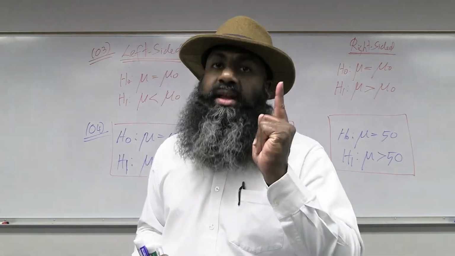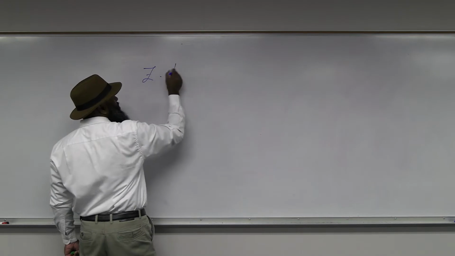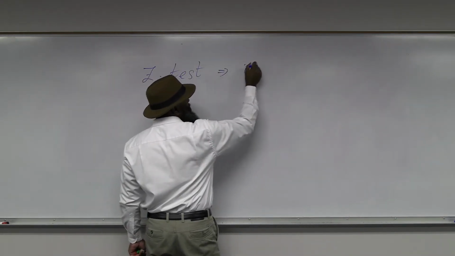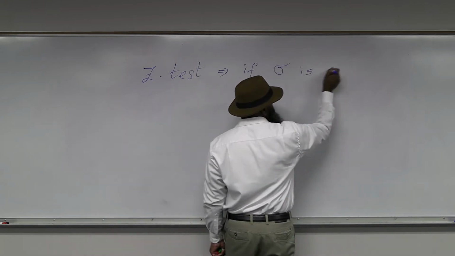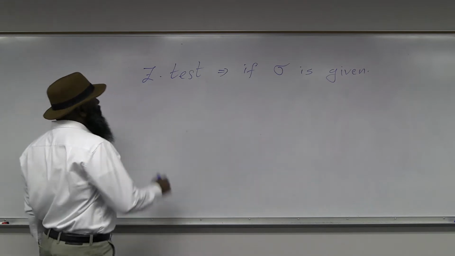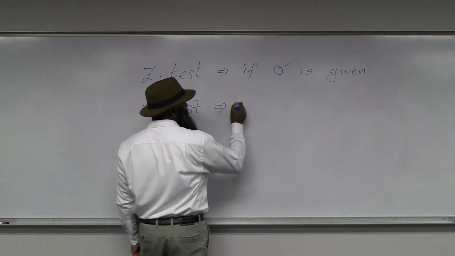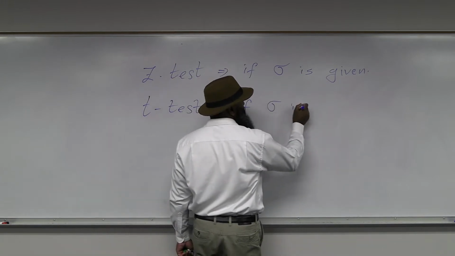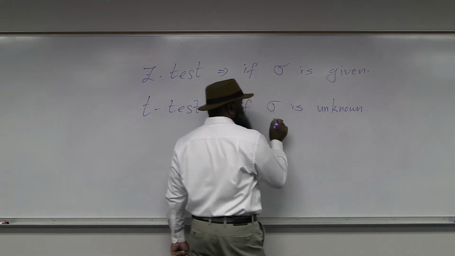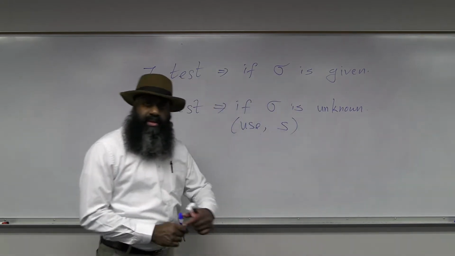So let's write it down real quick. We do a z-test if sigma is given in the question. And we do t-test if sigma is unknown. That means we have to use S. Now what is sigma?